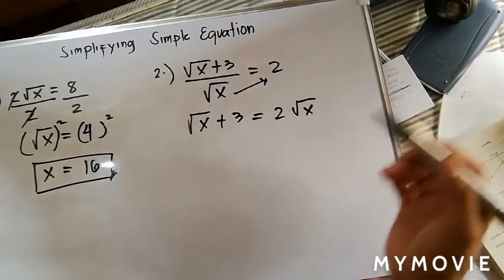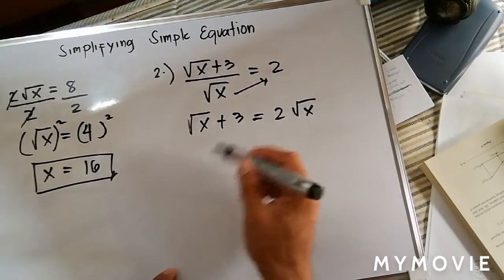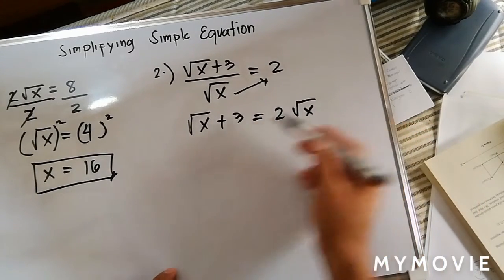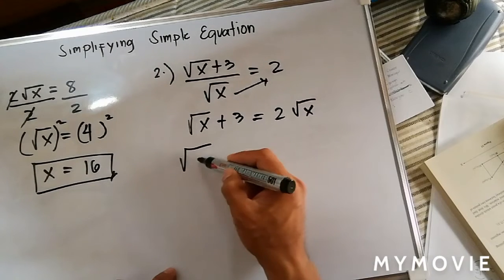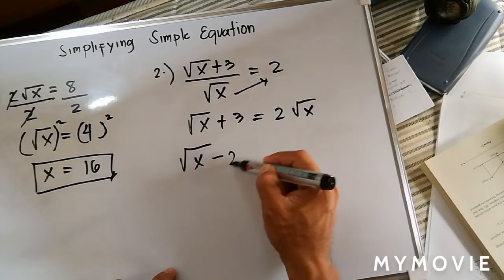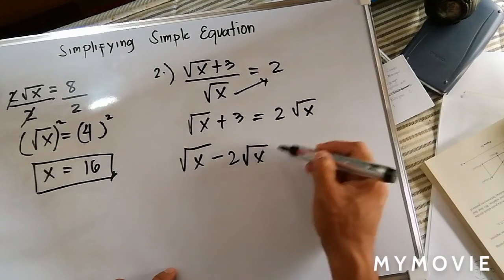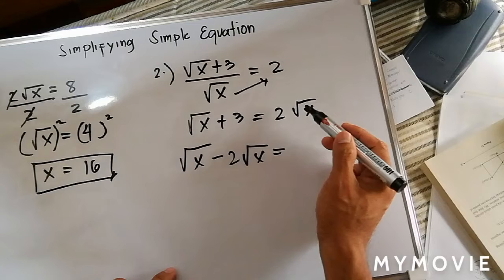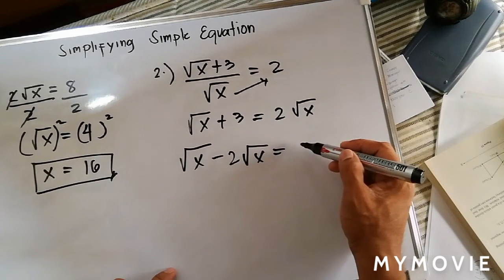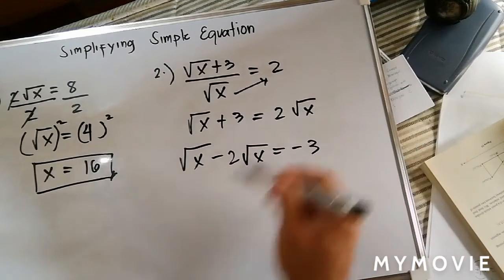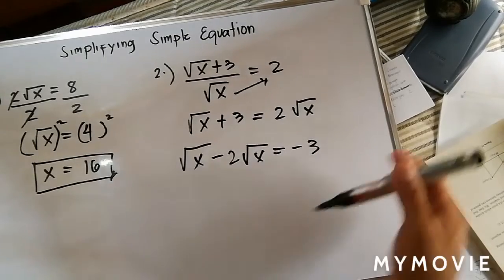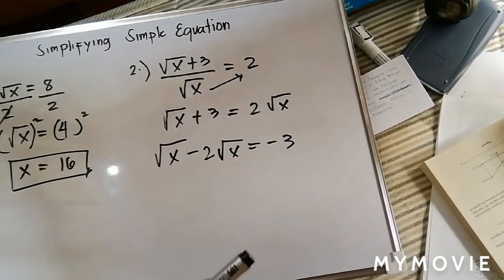Then we can now transpose the positive 3 to the right side and the 2 square root of x to the left side, so that we can simplify it. By transposing that one to the left side, it will become negative, and the 3 transposed to the right side will become negative 3. We can simplify this using addition and subtraction.